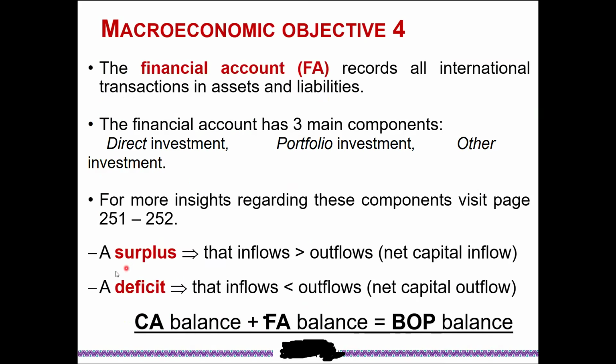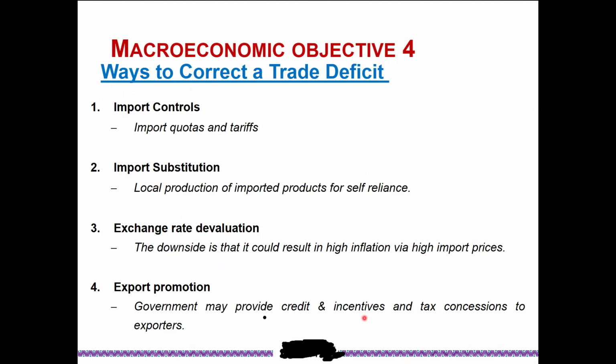But if it has inflows and outflows, that is referring to what? To the financial account. That's what I was trying to say. So if you add the current account balance plus the financial account balance, you get the balance of payment balance. We also have ways to correct the trade deficits.